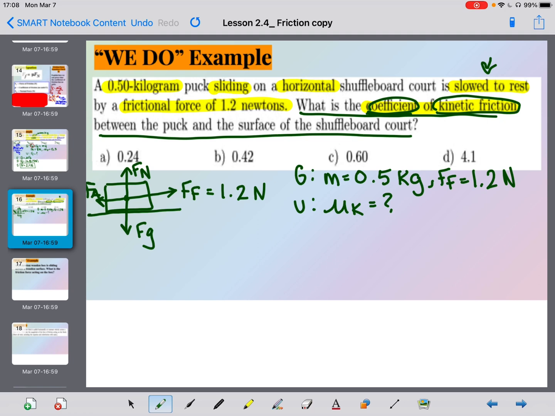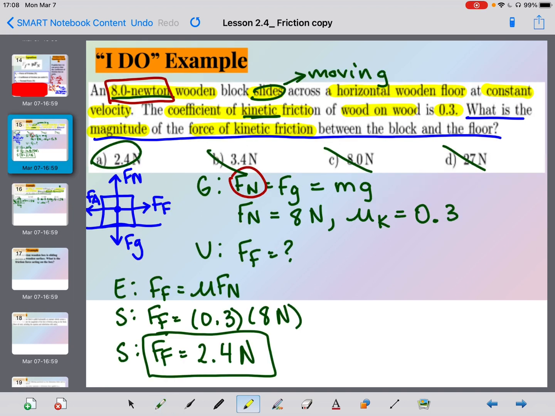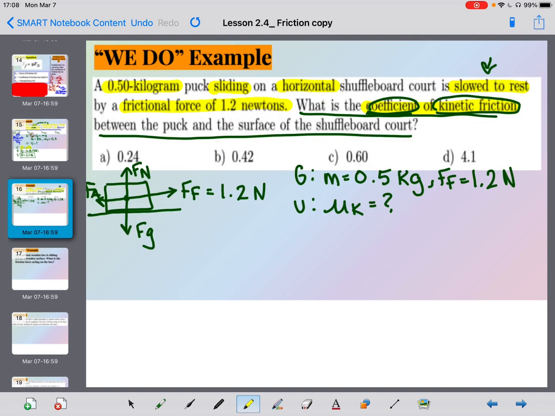However, going back to the last example, we needed the frictional force, mu, which is the coefficient of friction, and the normal force. So if we go back to our example now, we're actually missing the normal force. But that's okay because they gave us information that's rather important for us to calculate the normal force. So I'm going to label this E1 because this is going to be a two-step process here. E1, I'm going to label it as Fn equals Fg equals mg.